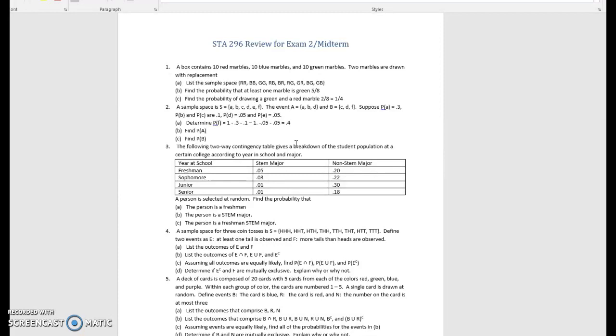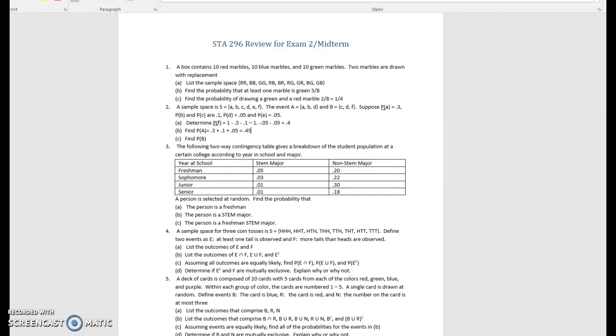All right, so now the probability of A. Well, to get the probability of A, we're just going to add up the probability of all of its separate outcomes. So let's notice that A is composed of A, B, and D. So we want to add up the probability of A, the probability of B, which was 0.1, and the probability of D, which is 0.05.